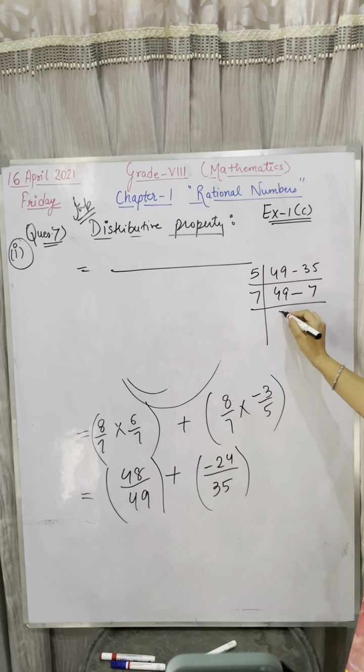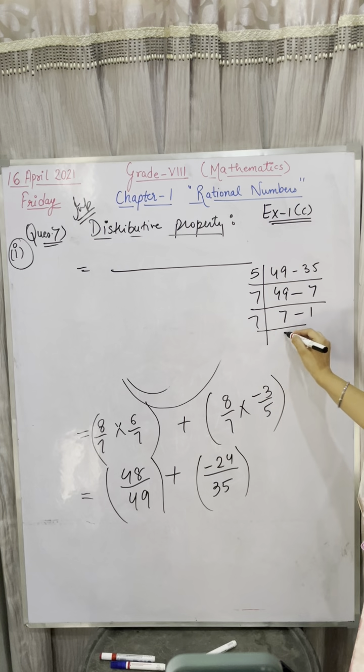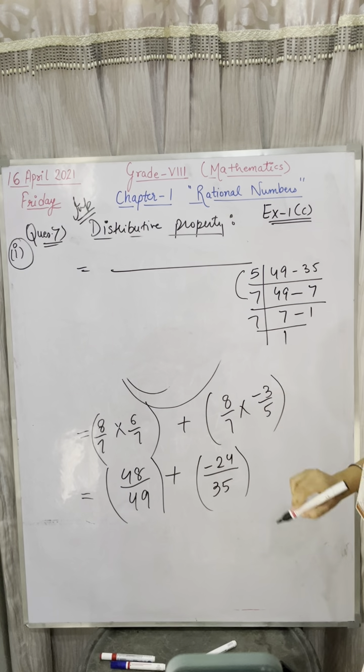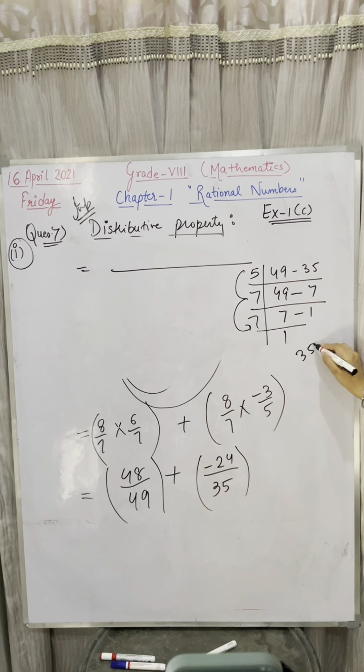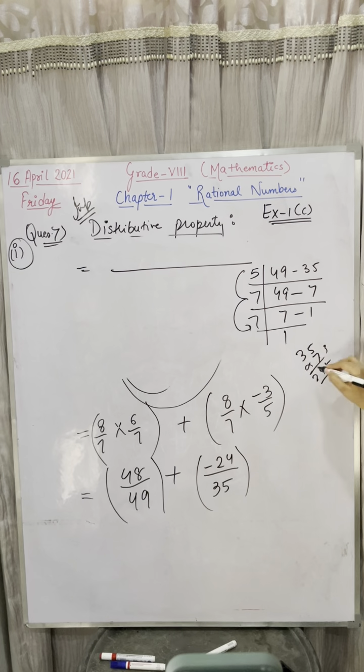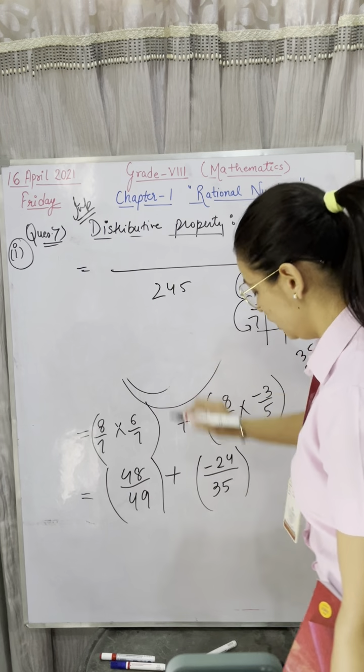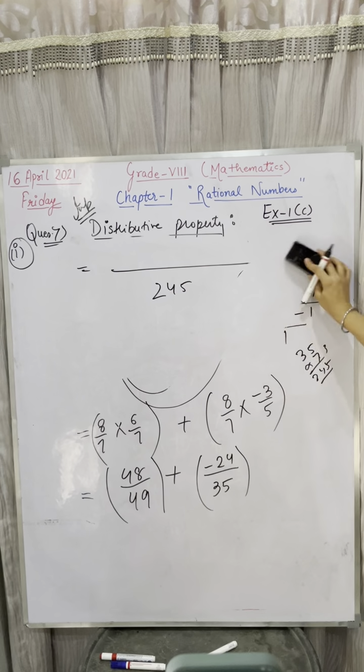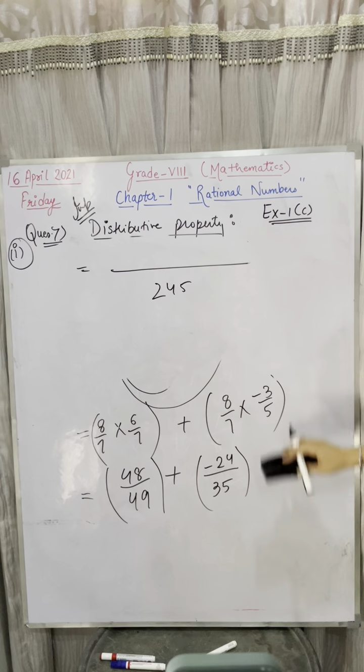Now 7 table, 7 sevens are 49, 7 ones are 7, 7 ones are 7. 5 sevens are 35, 35 sevens are how much? Yes, 245. 245 will be the LCM of 49 and 35.